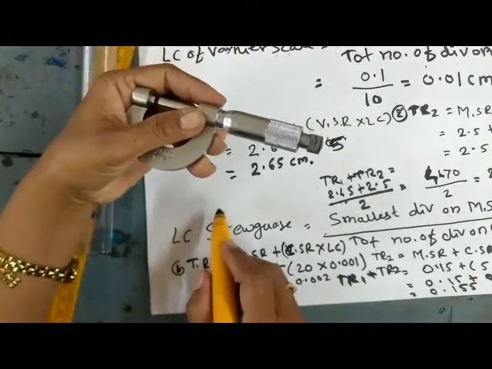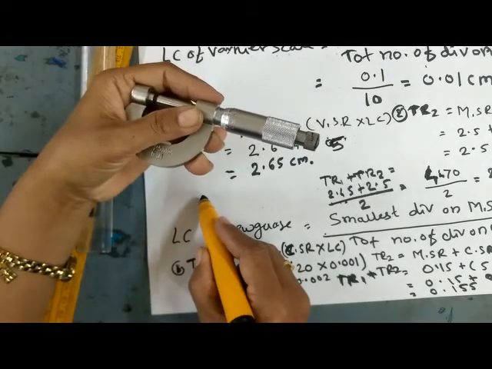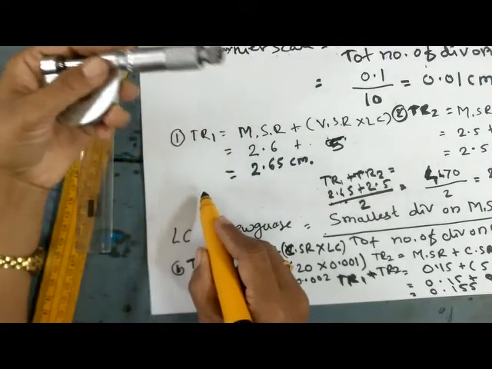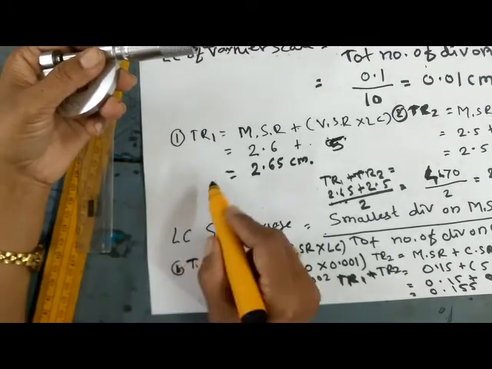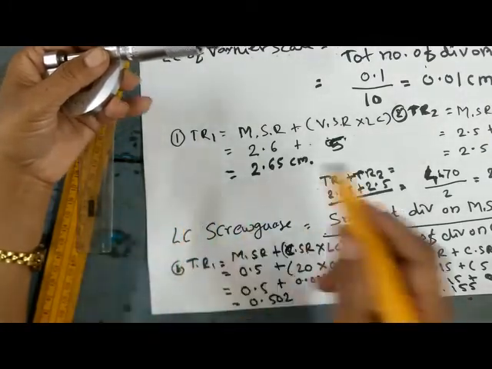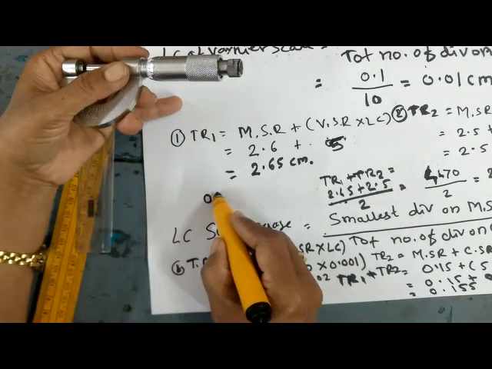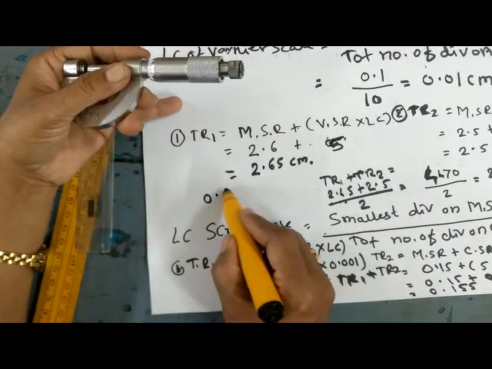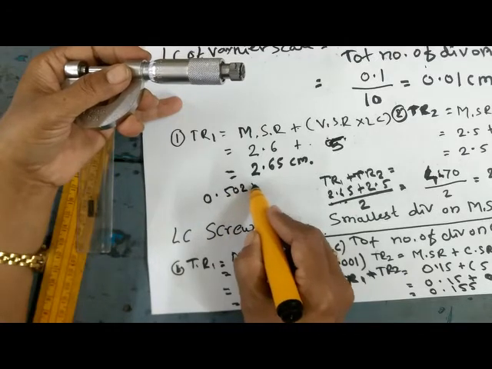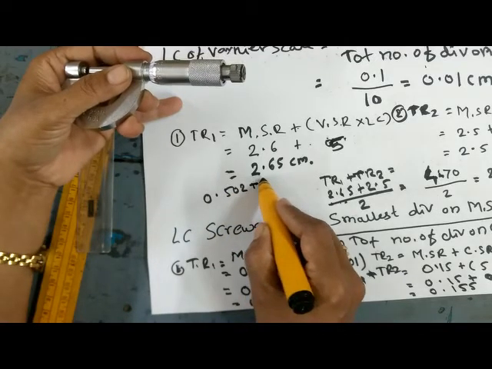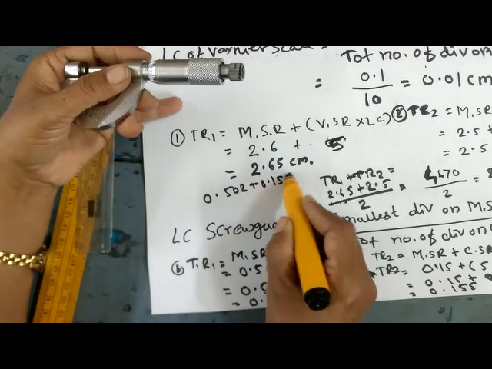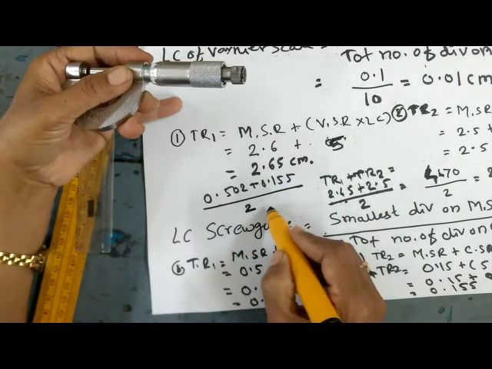The mean between these two readings is 0.502 plus 0.155 divided by 2.